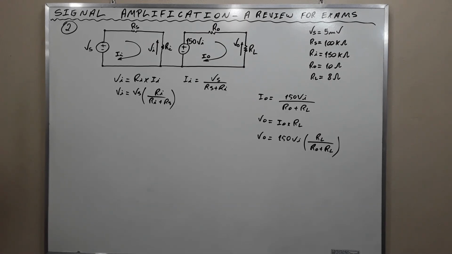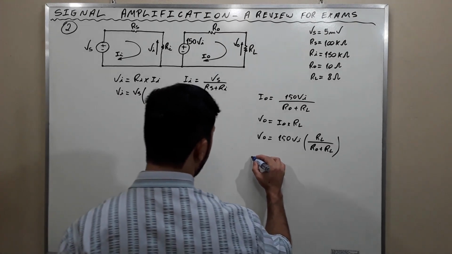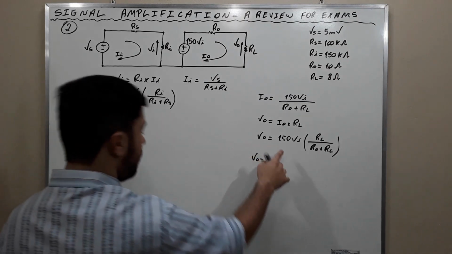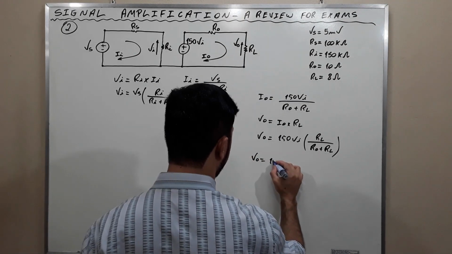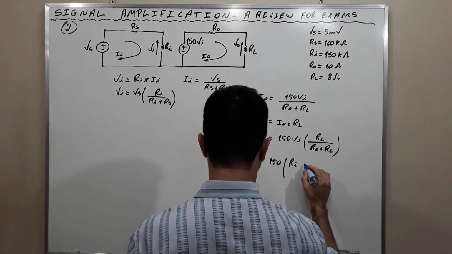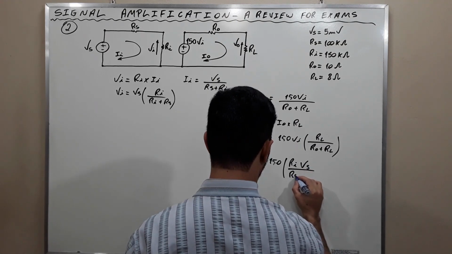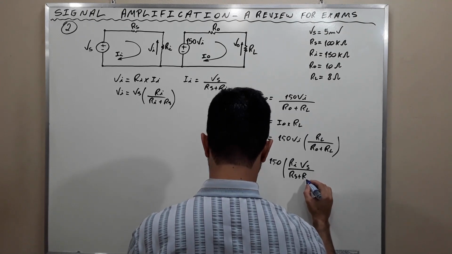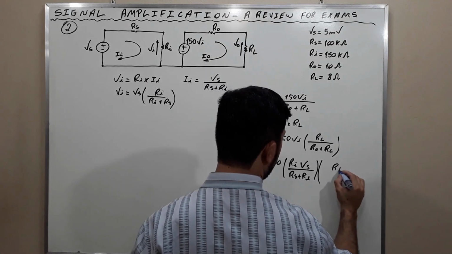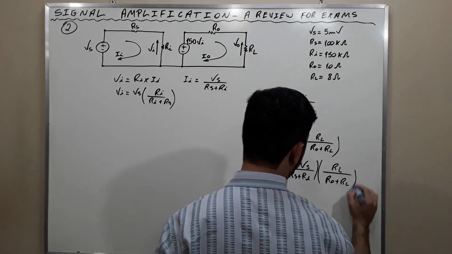Now combining the aforementioned expressions, we get that Vo is equal to, we are combining this with this, Vo is equal to 150 Ri Vs over Rs plus Ri times RL divided by Ro plus RL.